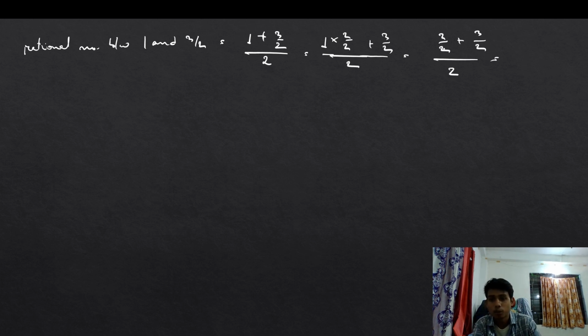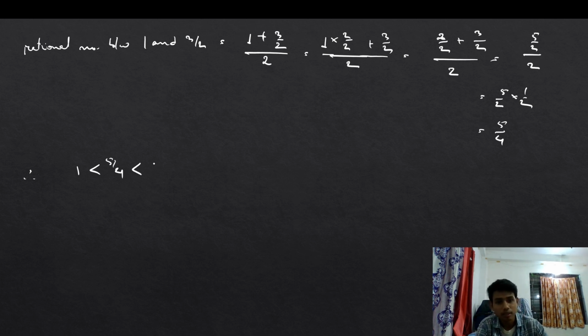Now we have the same denominator in both the terms, hence we can simply add the numerators, that is 3 plus 2 equals 5 by 2, whole divided by 2, and according to the reciprocal formula, 5 by 2 into 1 by 2 equals 5 by 4. Therefore 1 is less than 5 by 4, is less than 3 by 2, is less than 2.